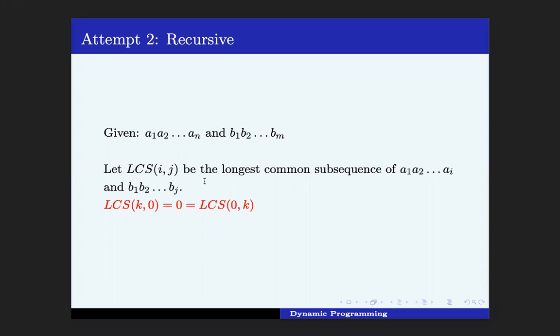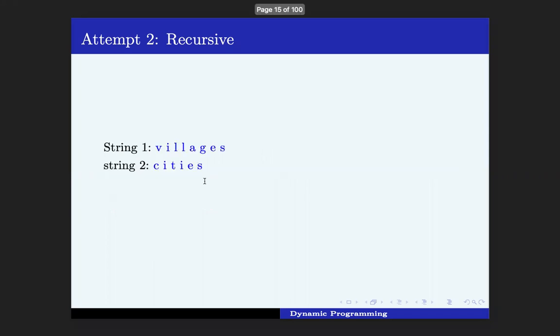It is the longest common subsequence between A1 to Ak and the empty string. So of course it is 0, and so on for the case of LCS(0, k).